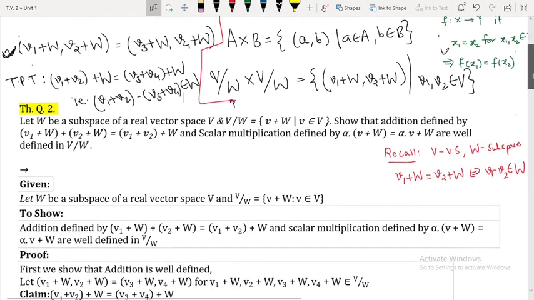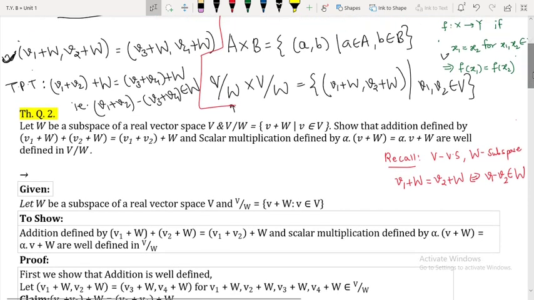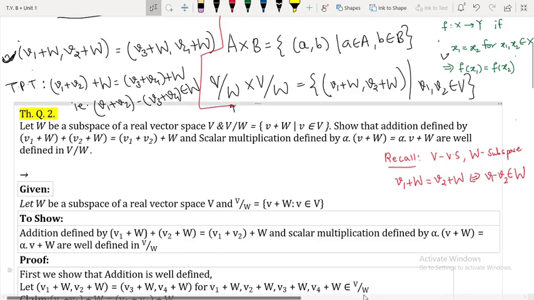So first of all, I have started with what? I have said let (v1 plus W, v2 plus W) is equal to what? (v3 plus W, v4 plus W), as I wrote here, for these elements belonging to V mod W, and what we have to show? We have to show this, right?